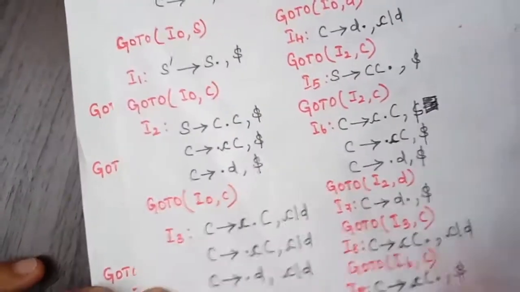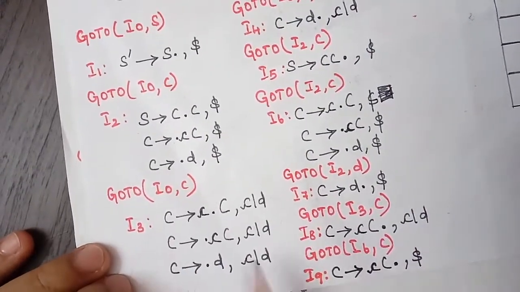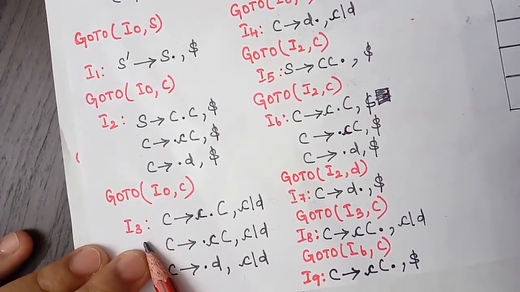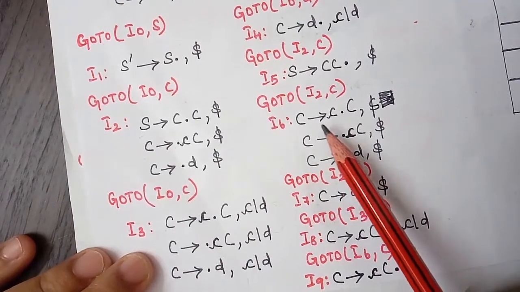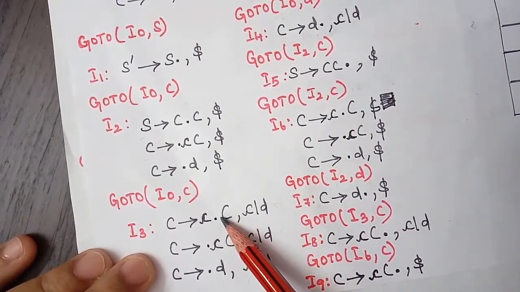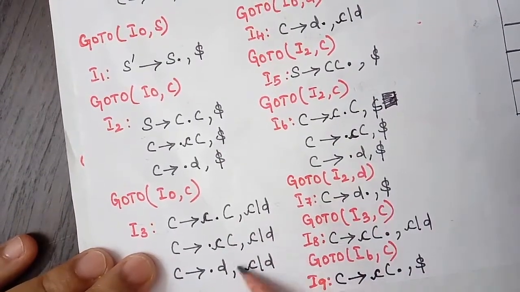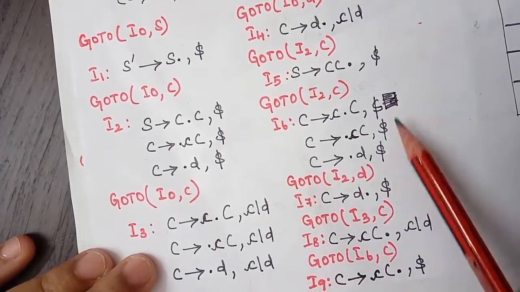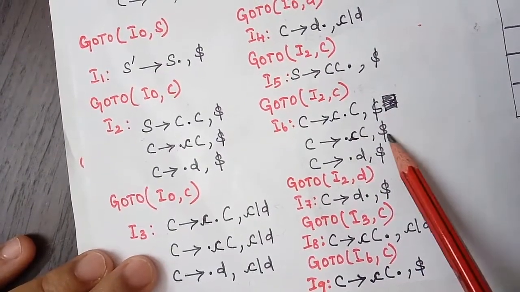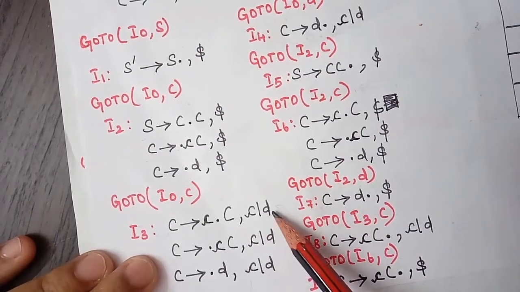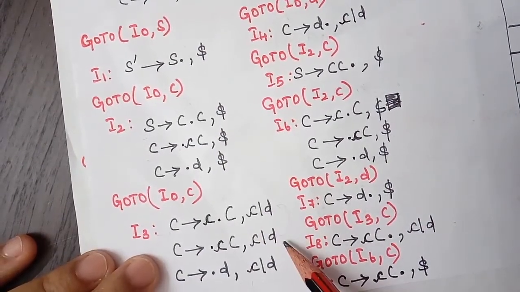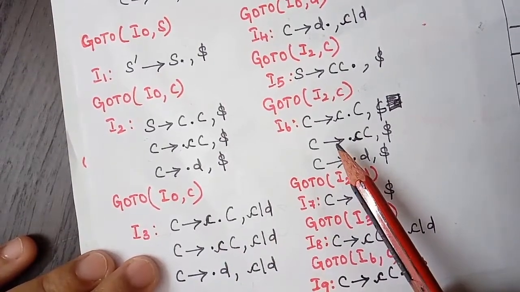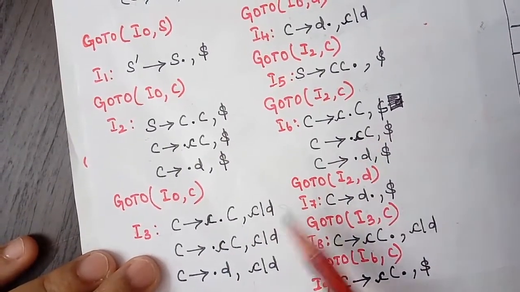Then coming to I3, here we can see the repetition: the set of items in I3 and the set of items in I6. All the items are the same, but the difference is only in the lookahead symbol. Here the lookahead symbol is dollar, and here the lookahead symbols are C or D. So these two sets of items are the same with different lookahead symbols.